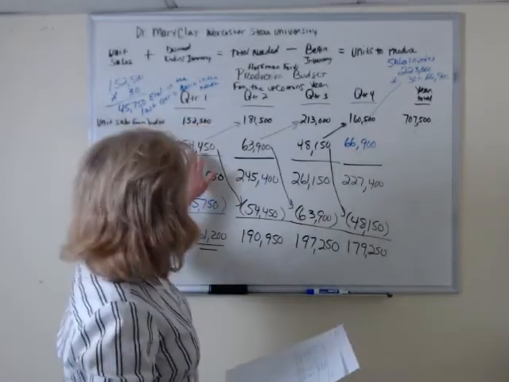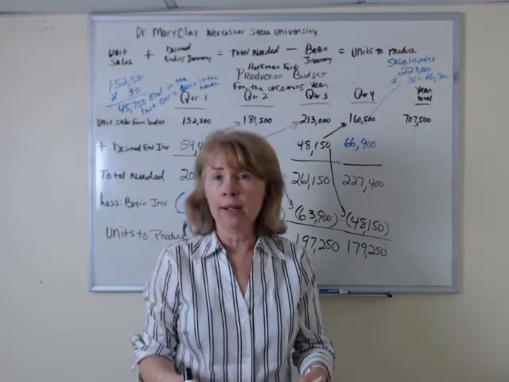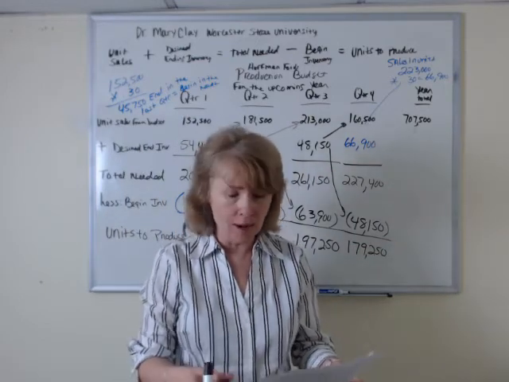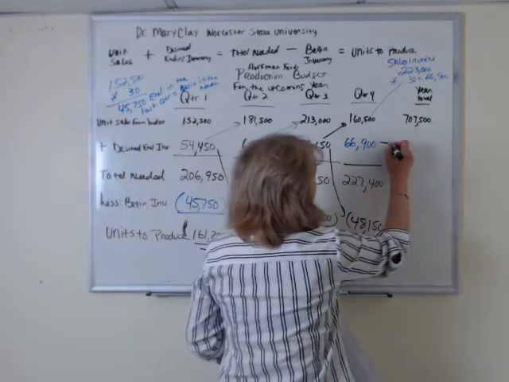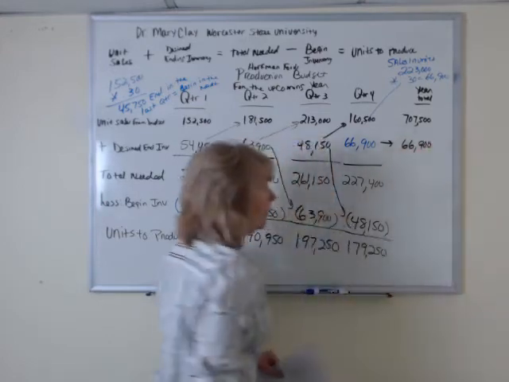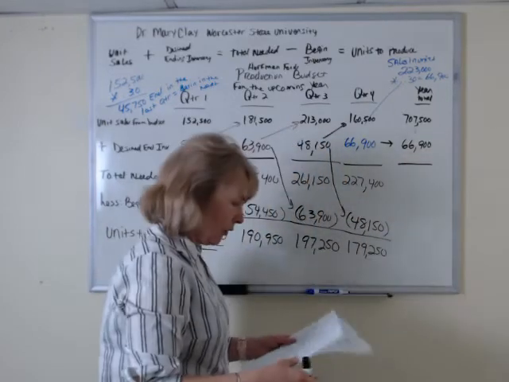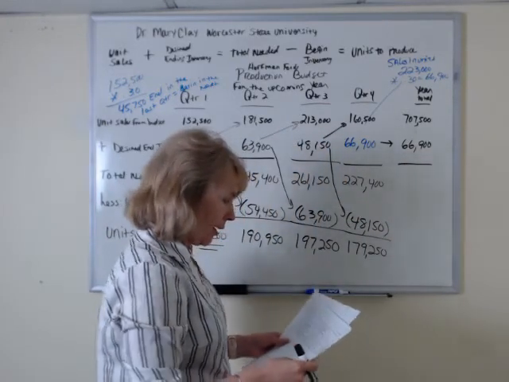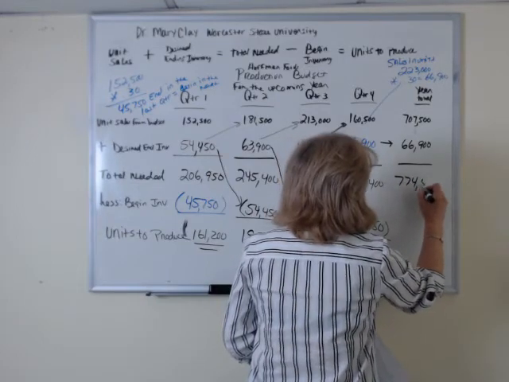Okay, now let's talk about the desired ending inventory. Okay, you're not going to add these all across. Your desired ending inventory is whatever it was at that time. So the desired ending inventory is 66,900. Okay? However, so let's total it. Total it down. 66,900, we got 77,500.